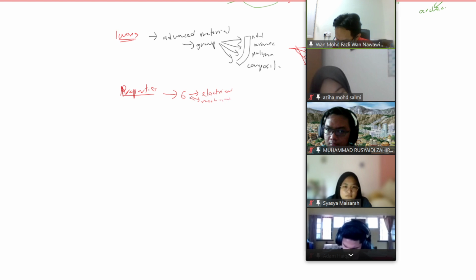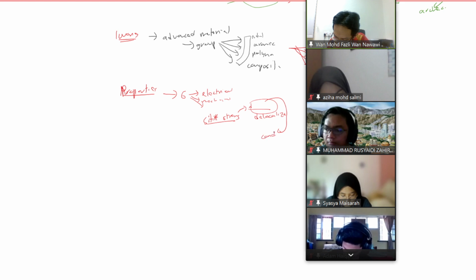The mechanical characteristic of metal is stiff or strong. Why is it strong? It is because of delocalized electrons. They move freely, not bound to any atom. That is also the reason why it is a good conductor of heat and electricity.